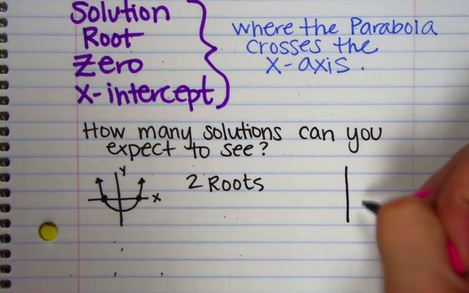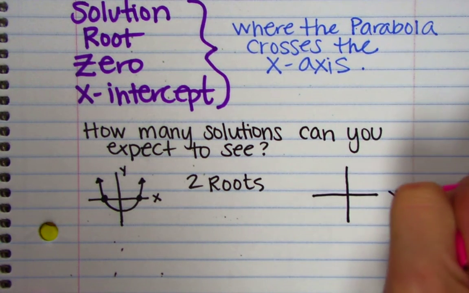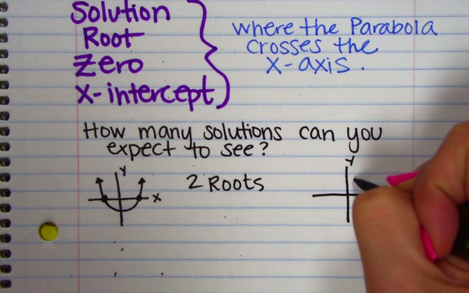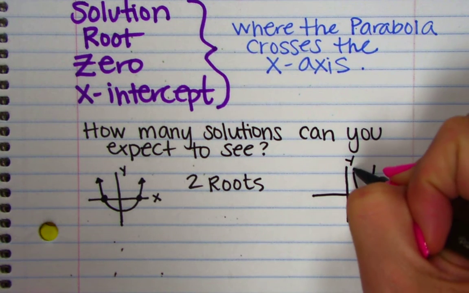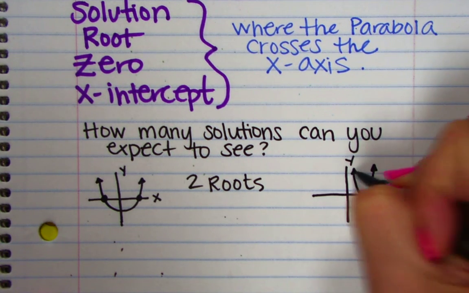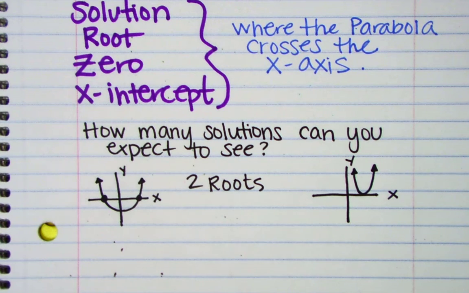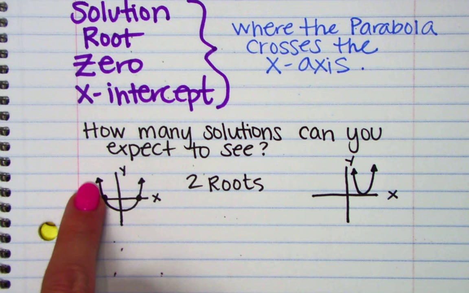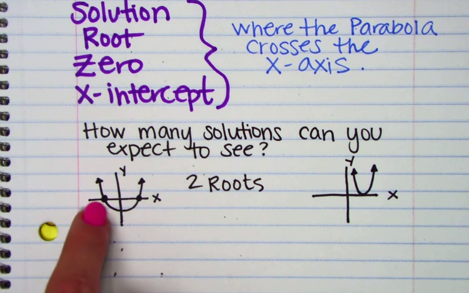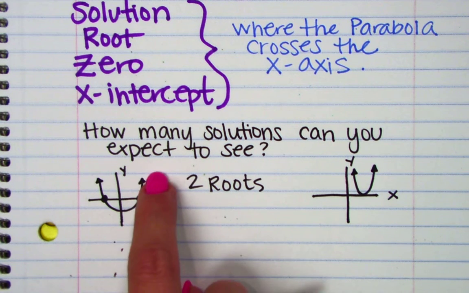What about this one? Let's see. There's x. There's y. Now, normally it usually crosses twice, right? It dips down, goes below the x-axis, comes back up.